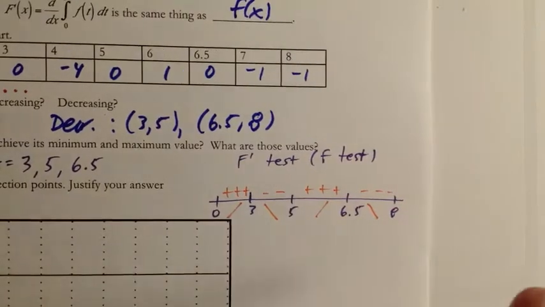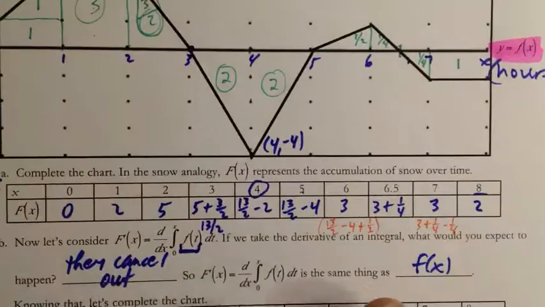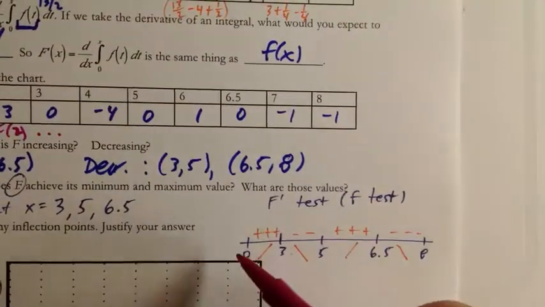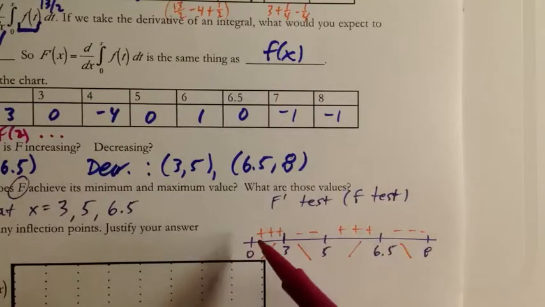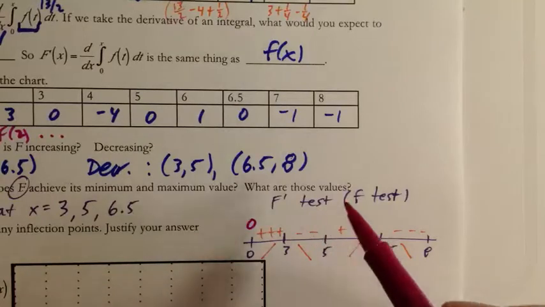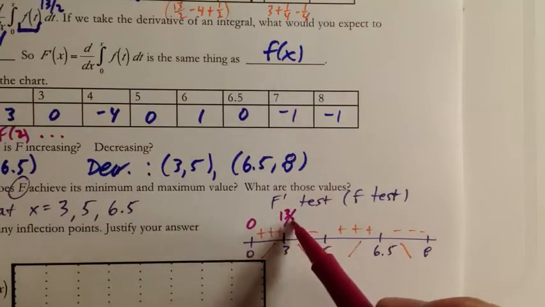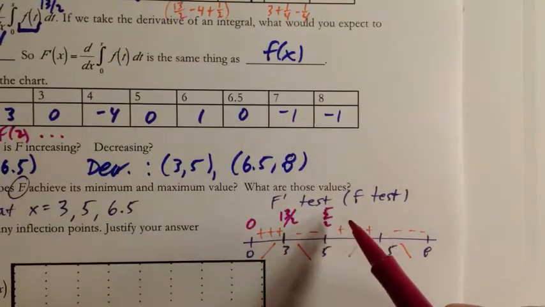We know capital F of 0 from our chart way up here: capital F of 0 is 0, our minimum, so capital F is at a minimum when x is equal to 0. Capital F at 3, we said that was 13 halves. Capital F at 5, we said that was 13 halves minus 4, so that's 5 halves.